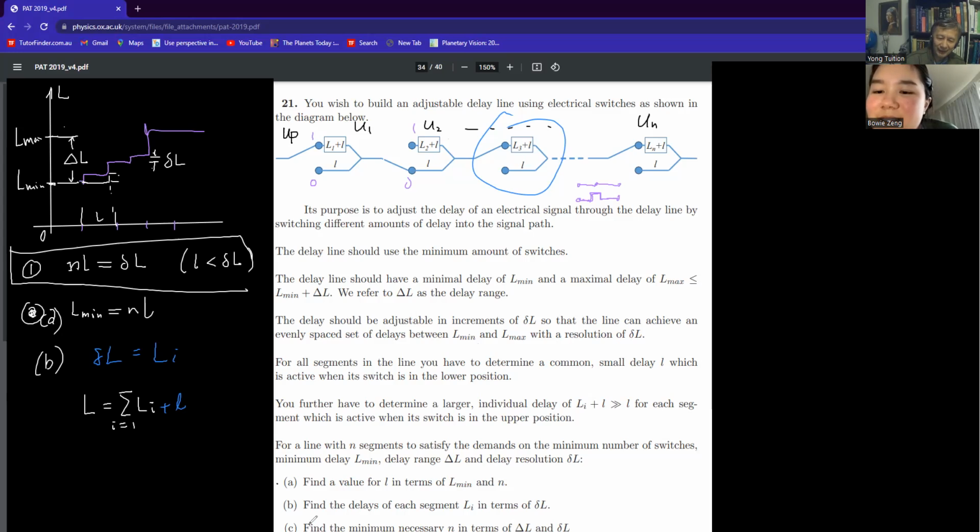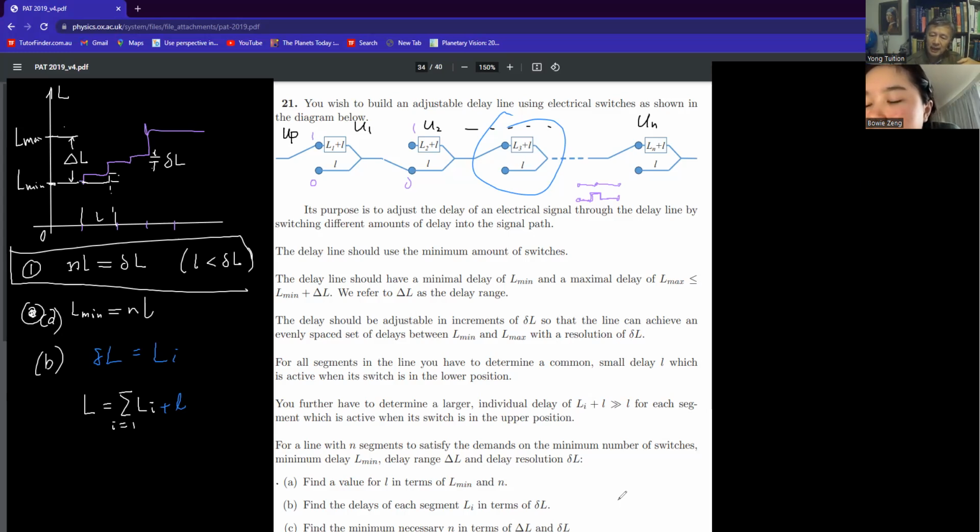Can we look at part C? Can we work out C? Find the minimum necessary N. So probably we have to use calculus now. Find the minimum necessary N in terms of capital delta L and small delta L to achieve that. I think there are two objectives. One is they want to achieve the capital delta L, that is between the minimum and the maximum, right?